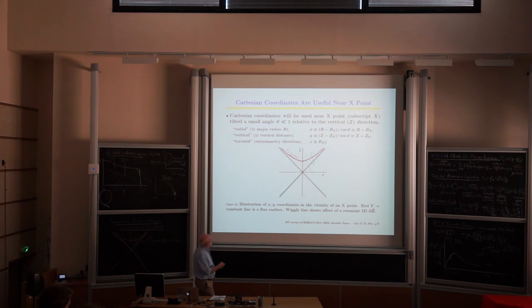So then this is what I tried to sketch over there. This is my simple depiction of an x point. And if I ask about the axisymmetric magnetic flux surfaces, those are the red lines. And then if I apply a 3D perturbation, I do that.